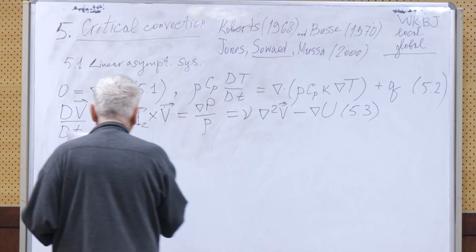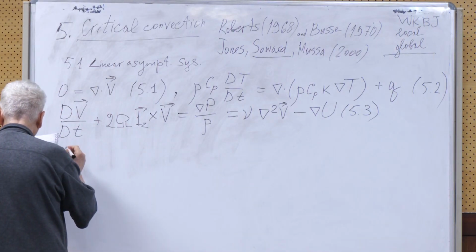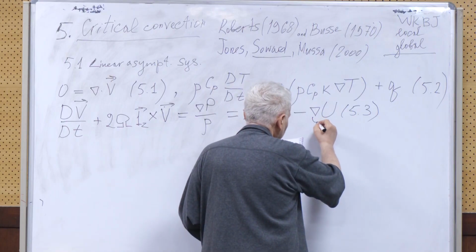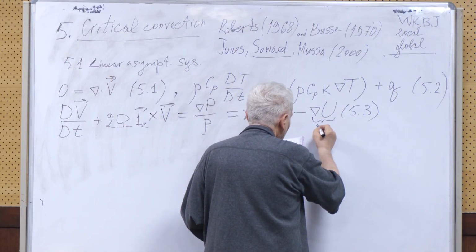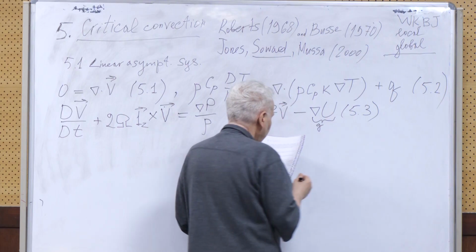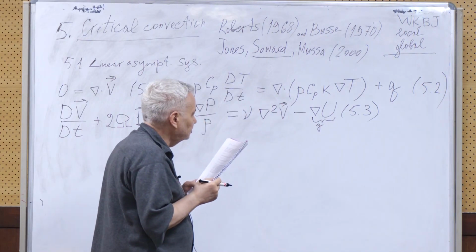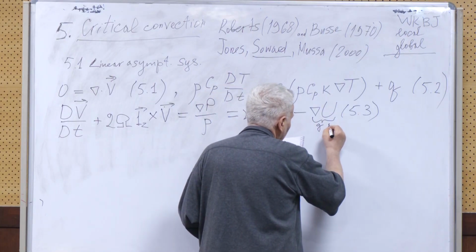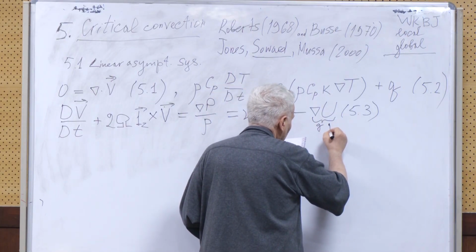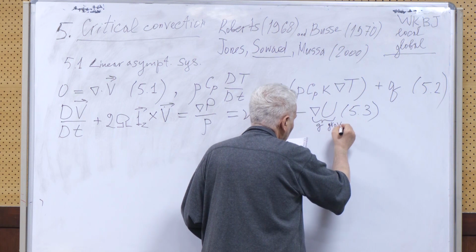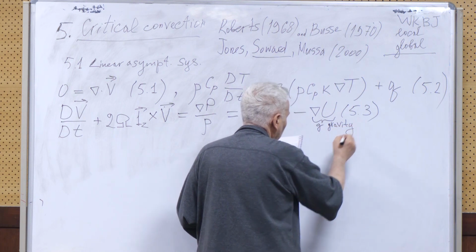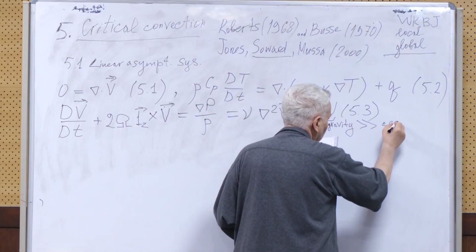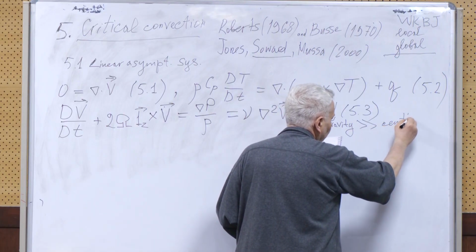So we use the standard gravity acceleration, which is actually this grad U. In other words, this is the gravity acceleration, which is usually denoted as G. And it's much more than centrifugal, so we neglect centrifugal.